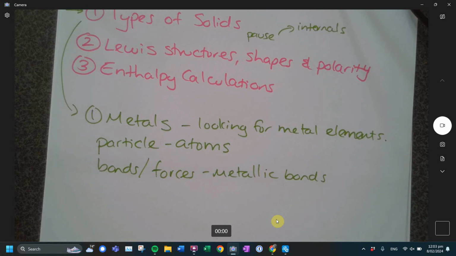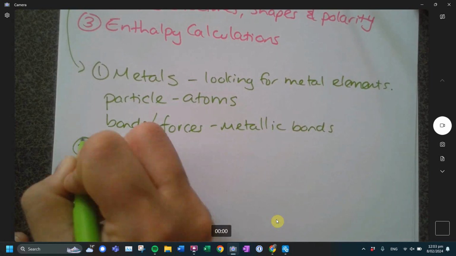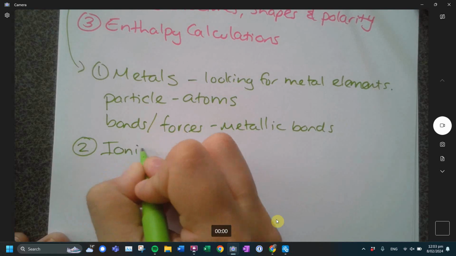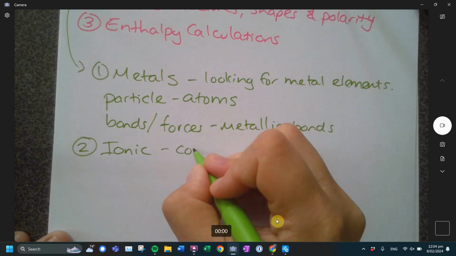We good so far? Okay, metal should be obvious. The next one, which you should be able to do easily, is the ionic solids. What you are looking for here is a combination of a metal element with a non-metal element. So we're looking for a compound.